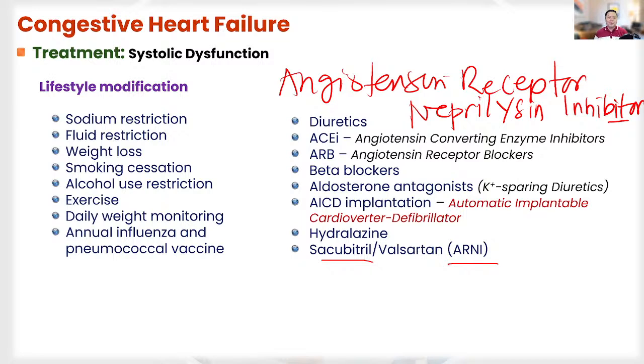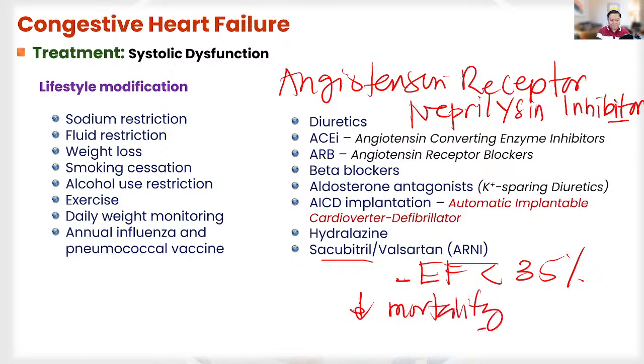It can lead to vasodilation, decreasing systemic vascular resistance, and will decrease the ventricular workload. Okay, and the sacubitril is going to be recommended for those patients with ejection fraction less than 35%. Okay, so this is going to really help improve and decrease mortality in the patient, because of that effective therapeutic effect.